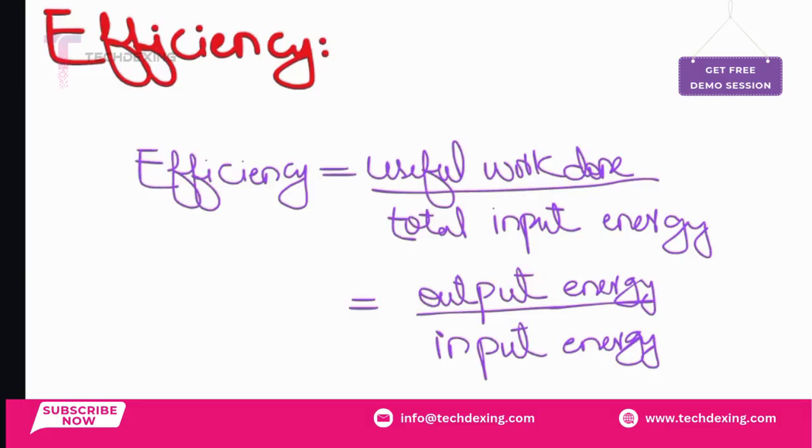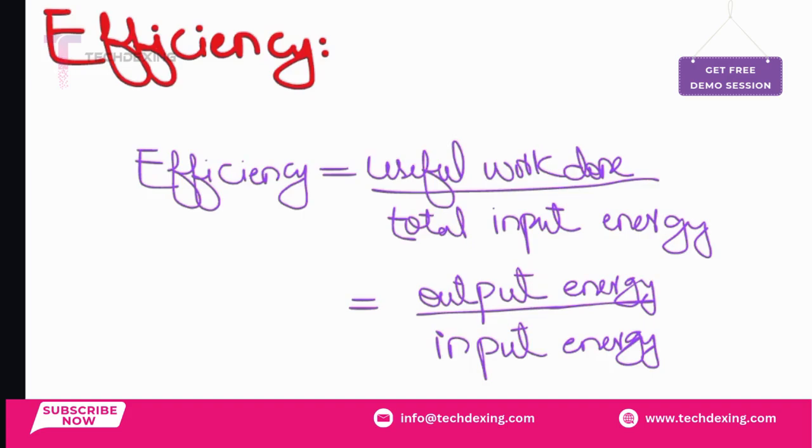So this is basically the basic idea of efficiency. As we know, work and energy have the same unit. So instead of writing useful work done, we can write output energy divided by input energy, because work can also be taken as a form of energy.